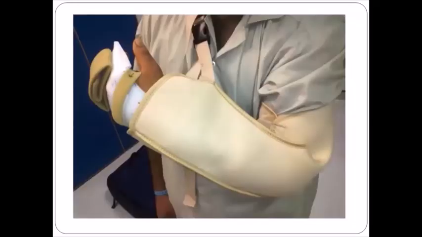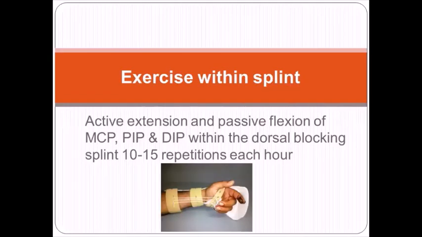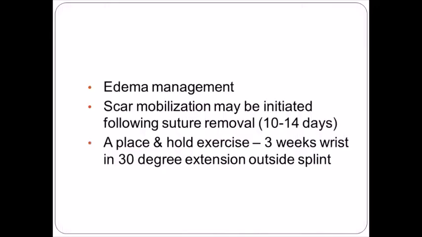Now it is done. There are certain exercises, as I told, 10 to 15 repetitions done inside this dorsal blocking splint. We go for edema management and scar mobilization after 10 to 14 days, and place and hold exercises are done at 3 weeks by keeping the wrist in 30 degrees of extension.